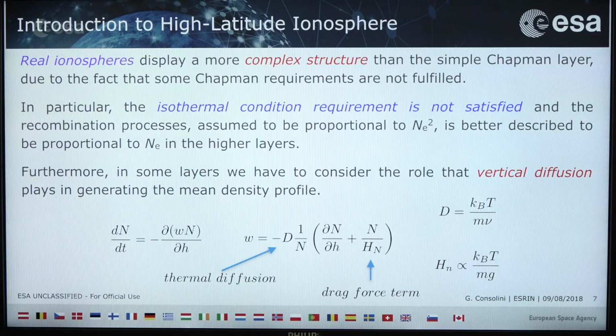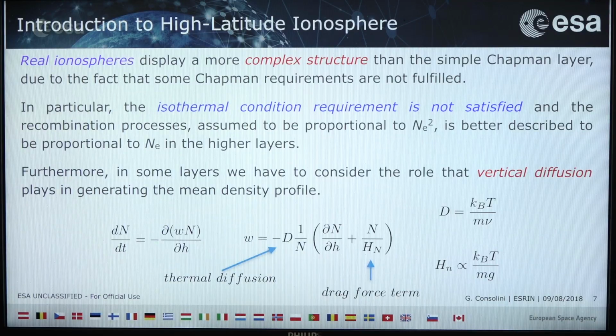And the recombination processes, assumed to be proportional to the square of the electron density, are better described at the higher levels as directly proportional to the density.